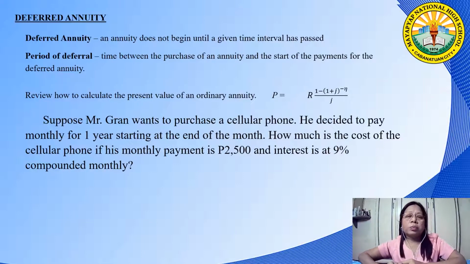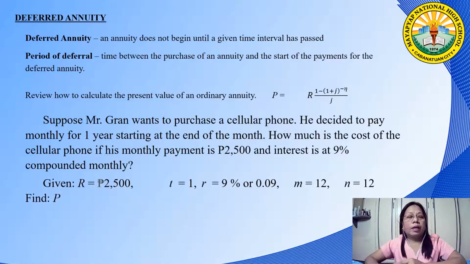He decided to pay monthly for 1 year starting at the end of the month. How much is the cost of the cellular phone if his monthly payment is 2,500 and interest is at 9% compounded monthly?